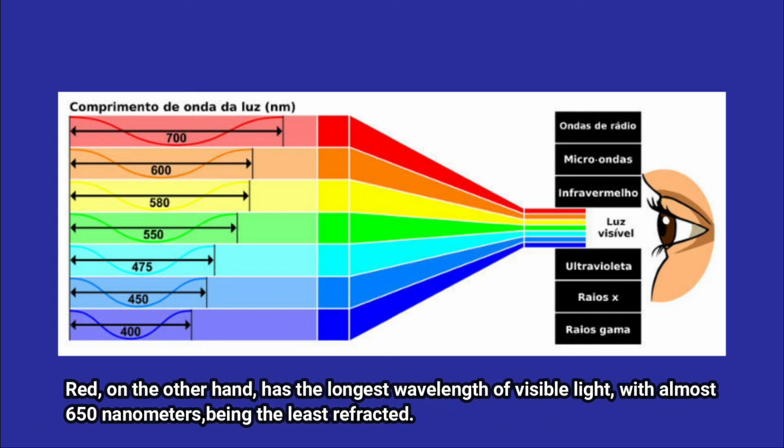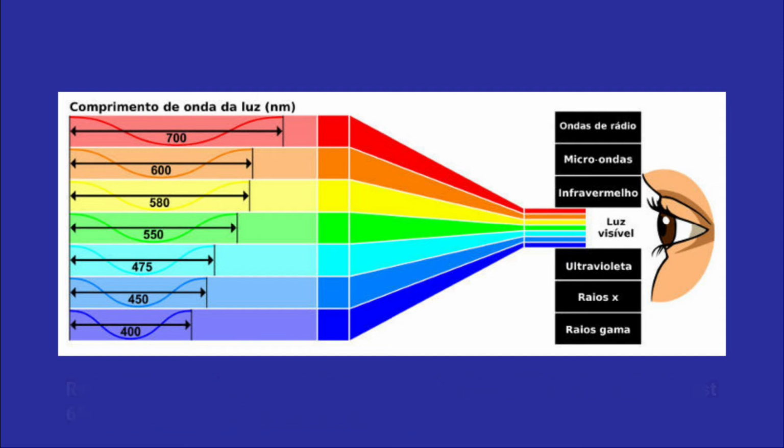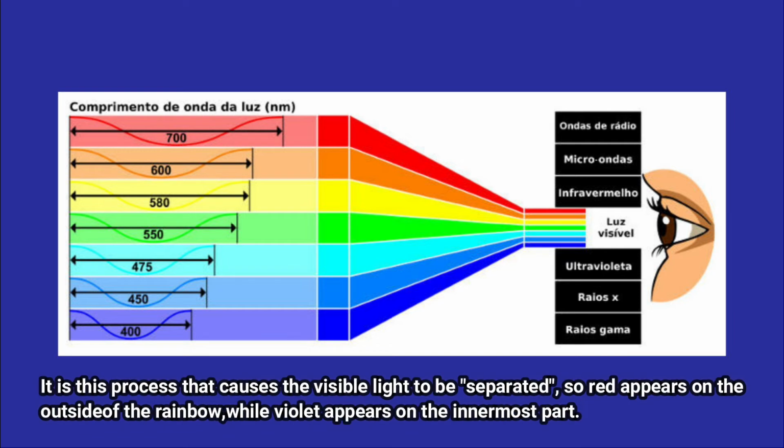Red, on the other hand, has the longest wavelength of visible light, with almost 650 nanometers, being the least refracted. It is this process that causes the visible light to be separated, so red appears on the outside of the rainbow, while violet appears on the innermost part.